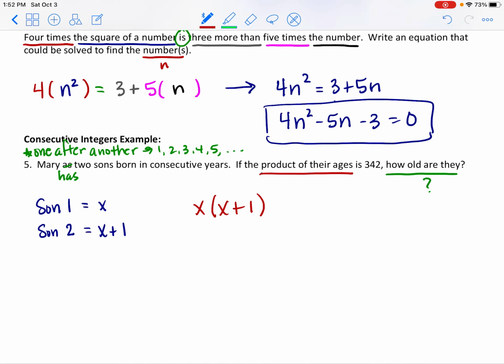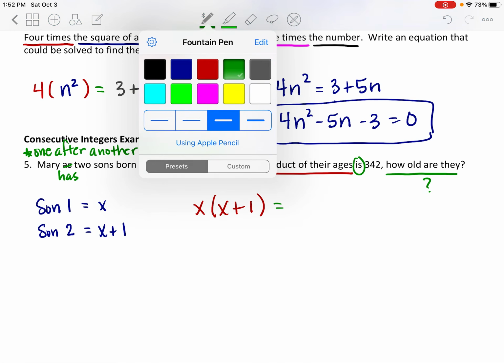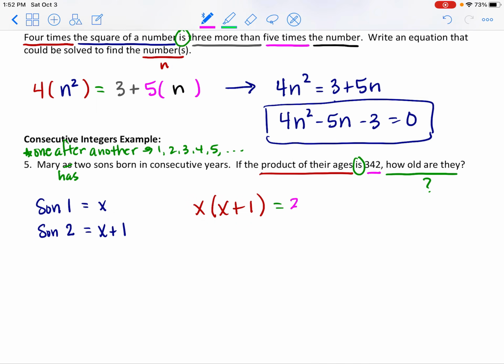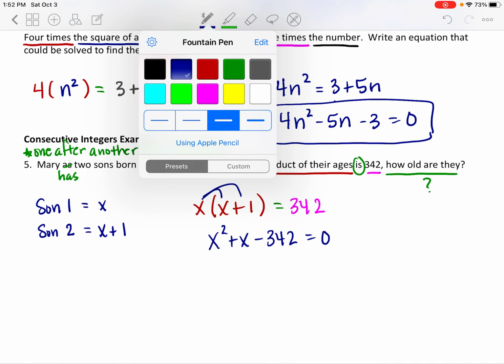Product means multiply. It says it is 342. And there's our equation. Okay, if we distribute, x squared plus an x, let's subtract the 342 over to make it equal to 0.